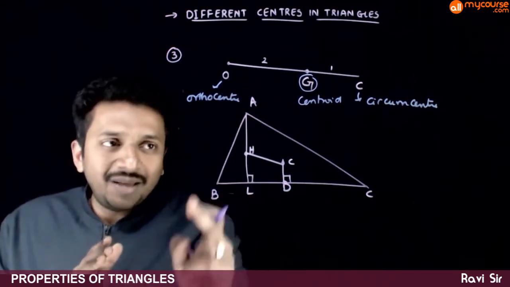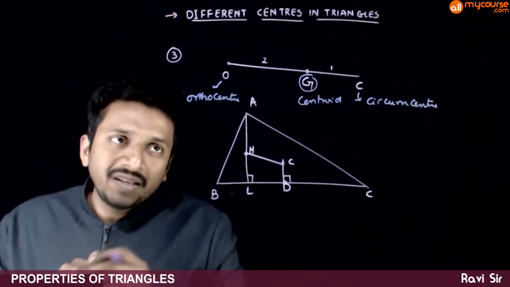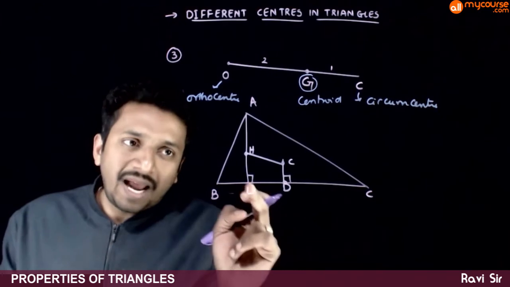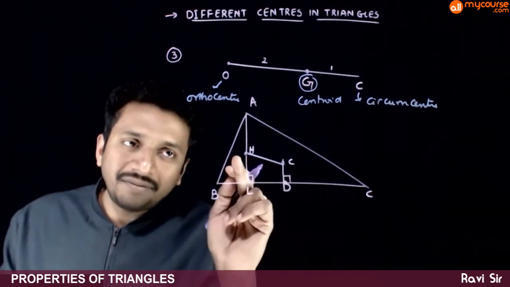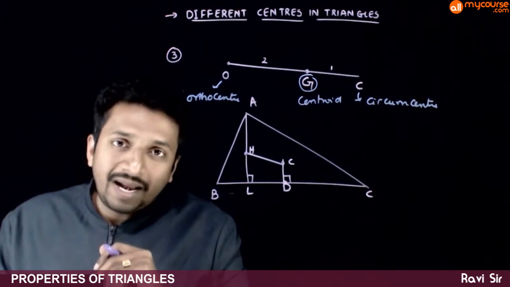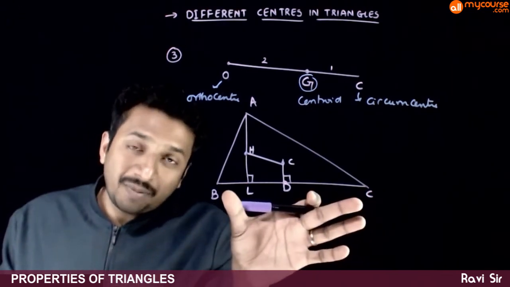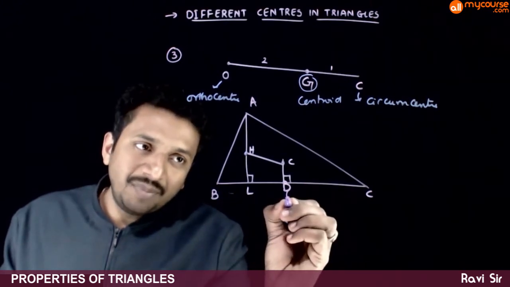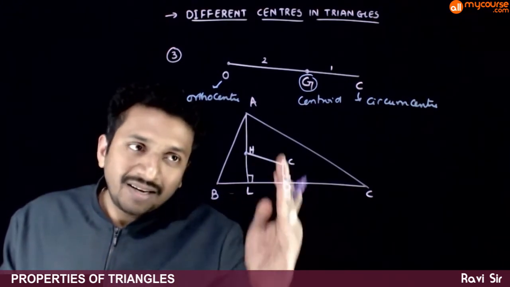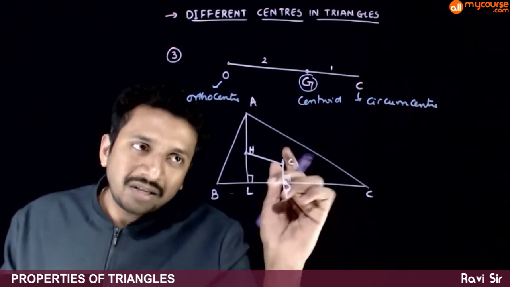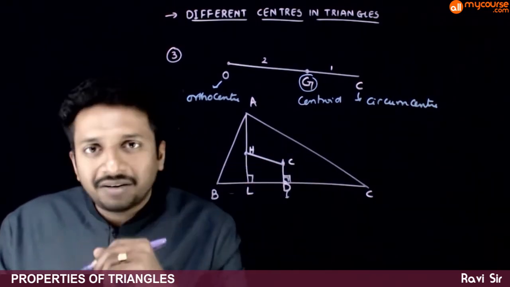So let us take ABC as a triangle. Let's draw the altitude AL, and on this altitude AL you have the orthocenter H, and let us draw the perpendicular bisector of BC. So D is the midpoint of BC and DC is perpendicular to BC, and on this you have the circumcenter.